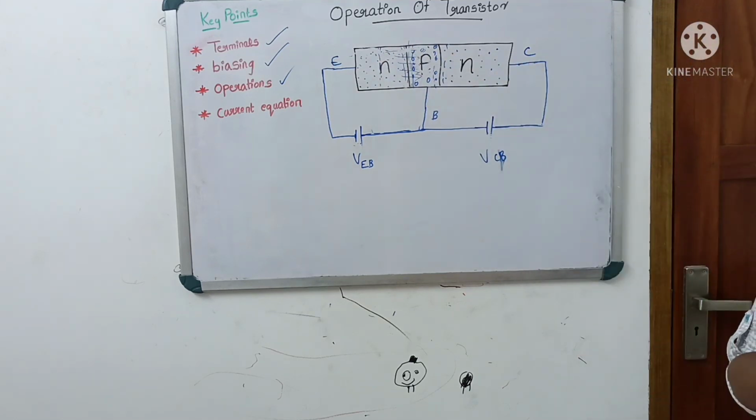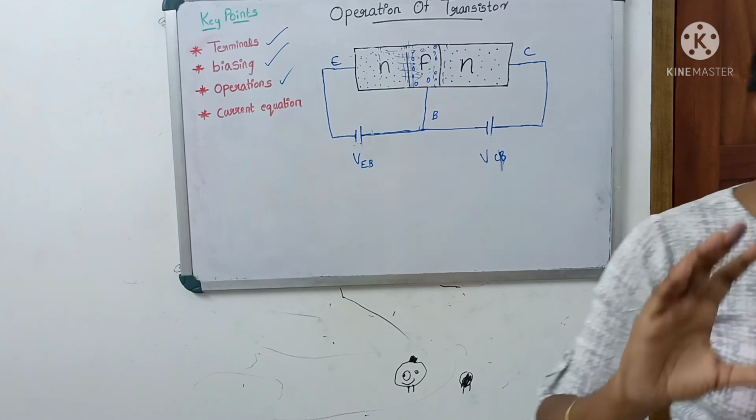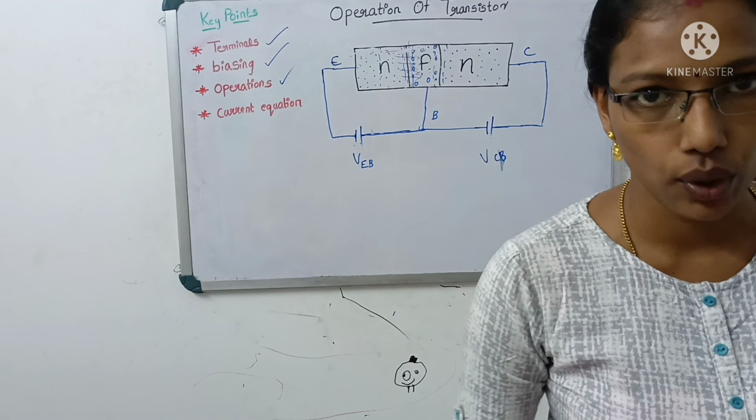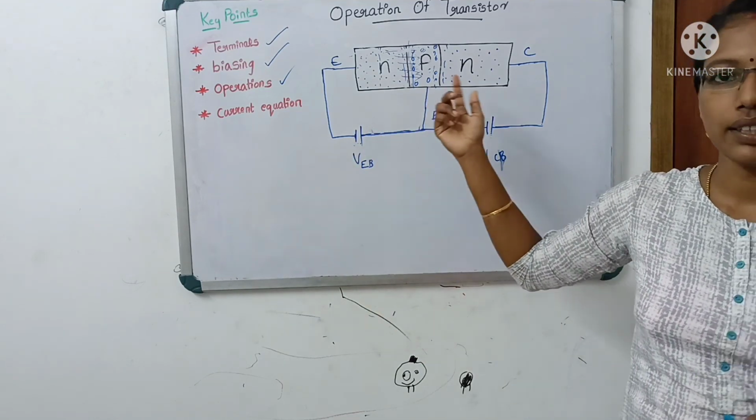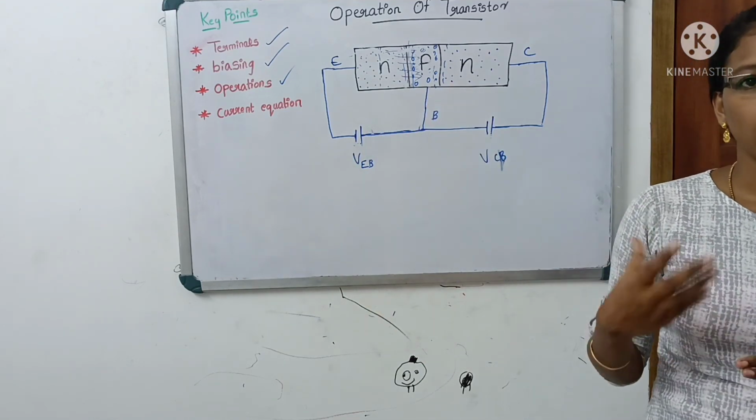Okay. Now we compare the concentration of electrons in the emitter base junction and the collector base junction. What result do we get?